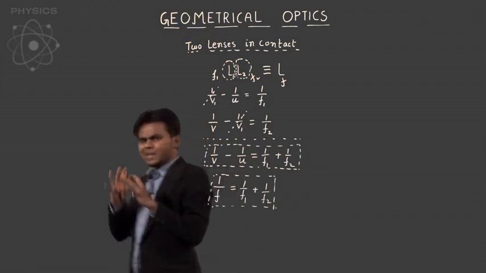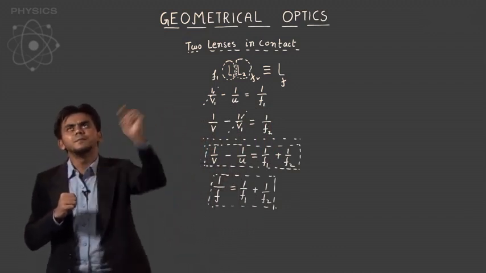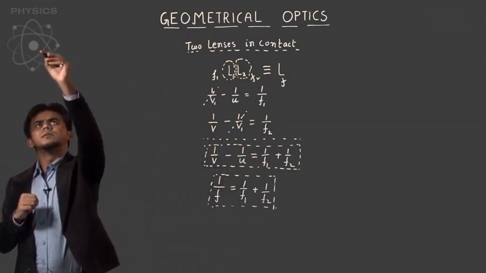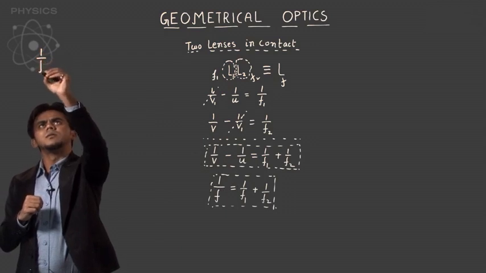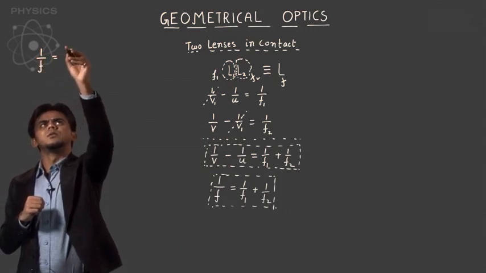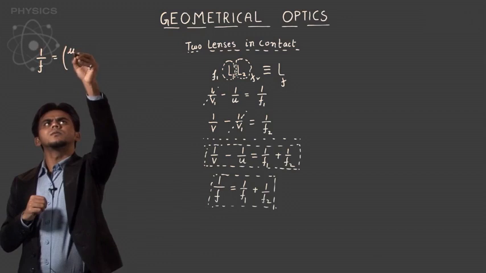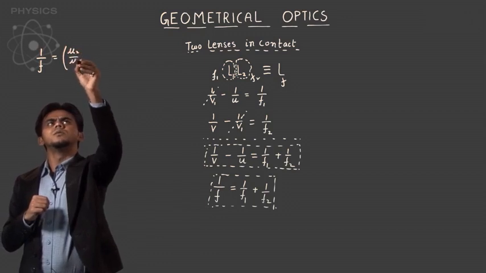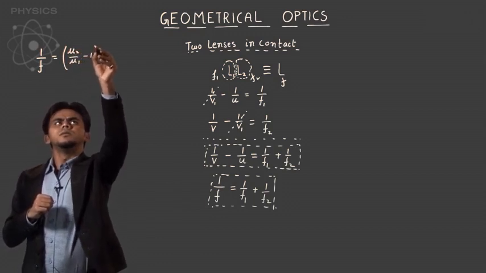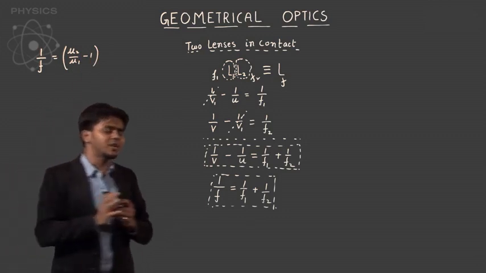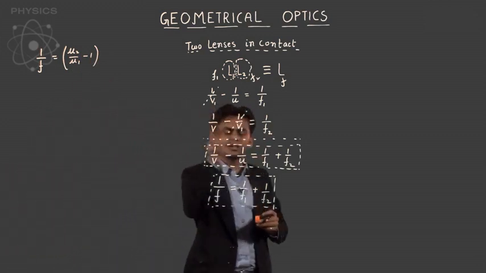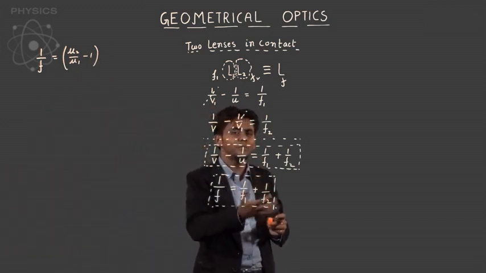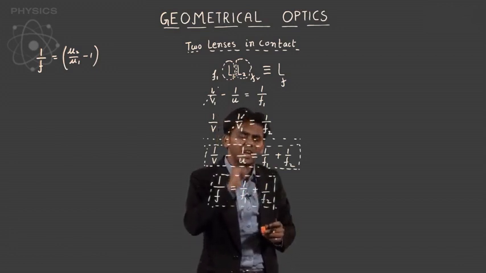So let's say you have the lens maker's formula as 1 by F is equal to mu 2. The reason I'm doing this is, if you don't know how to calculate F, how can you write these equations? So you need to know how to calculate the value of F.